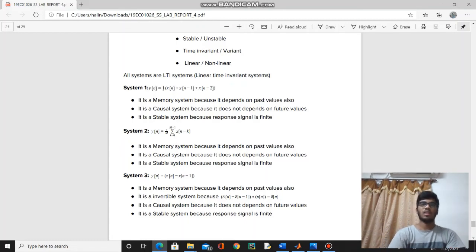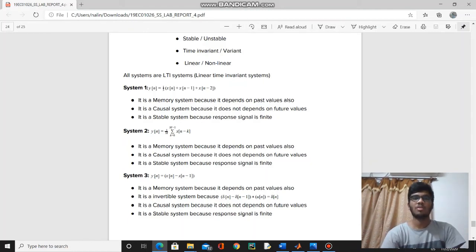A system is said to be an LTI system if and only if it satisfies both the linearity and time invariance conditions. A system is said to be linear if it satisfies both the homogeneity and superposition properties.